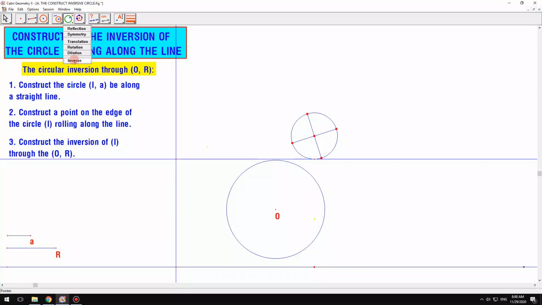Inverse this point to this circle. Point to this circle.